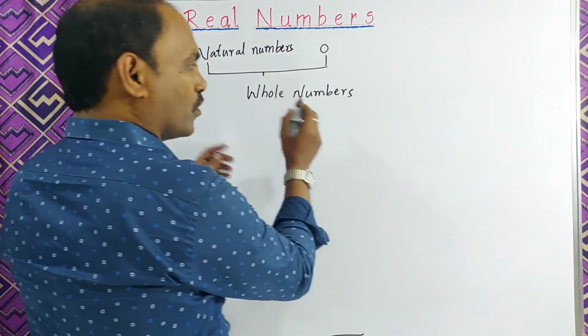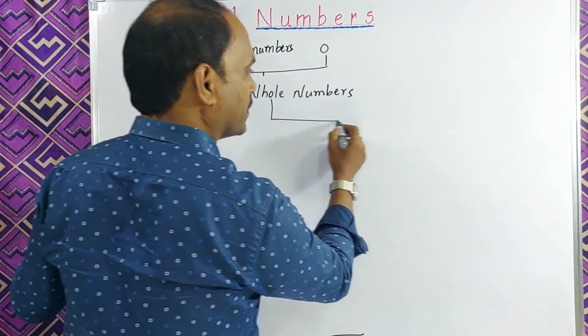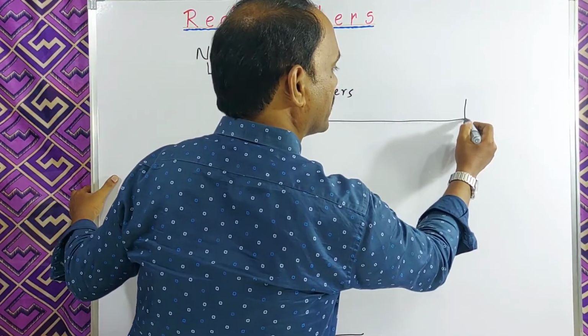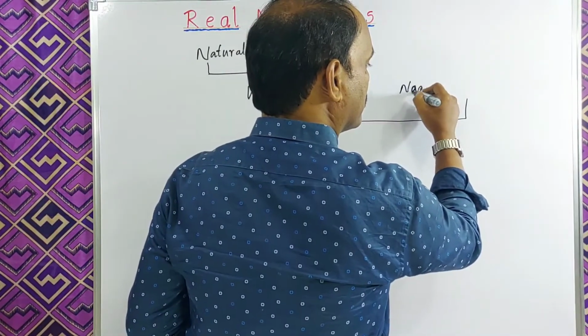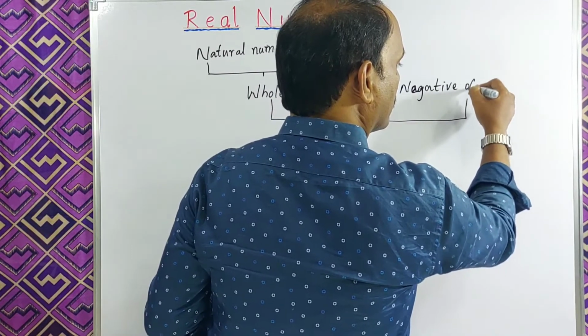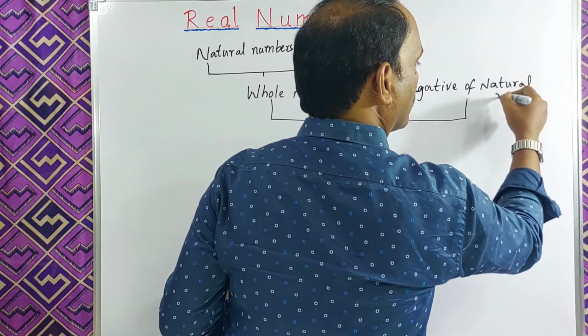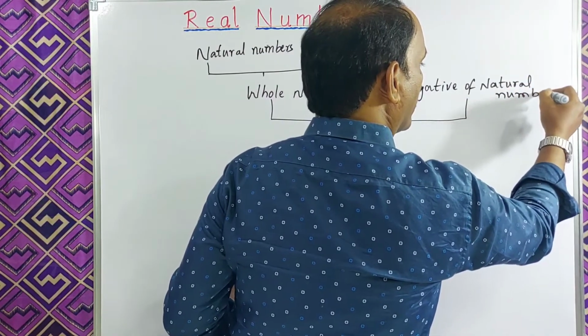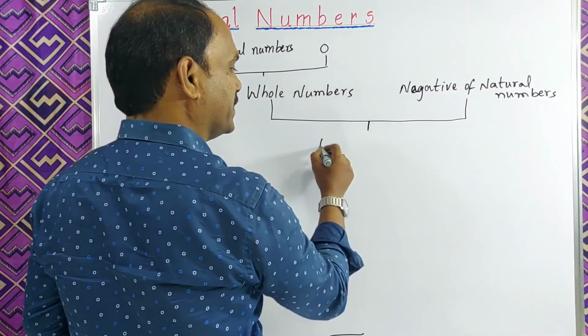Now whole numbers together with the negative of natural numbers are integers.